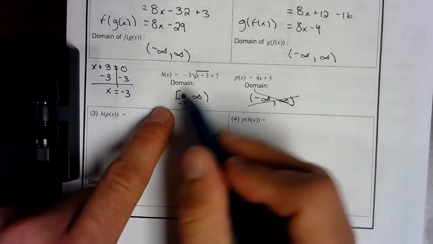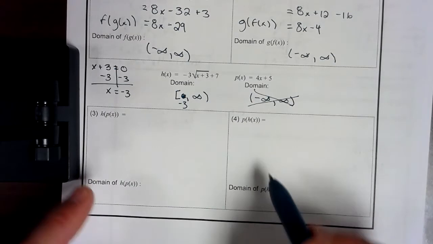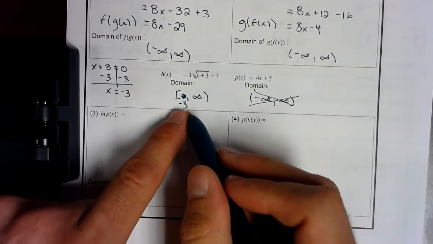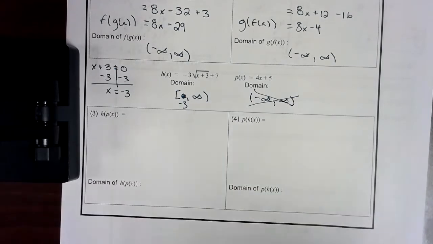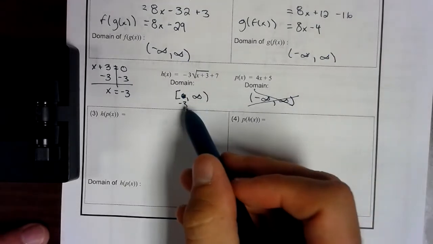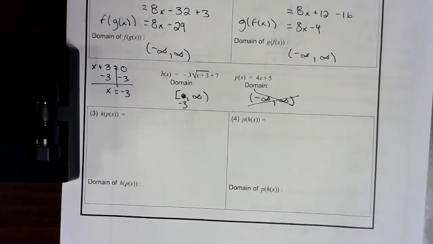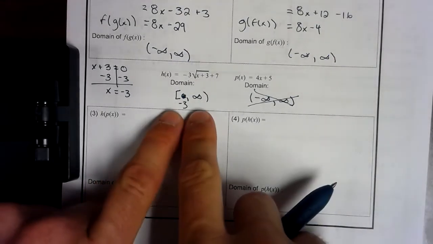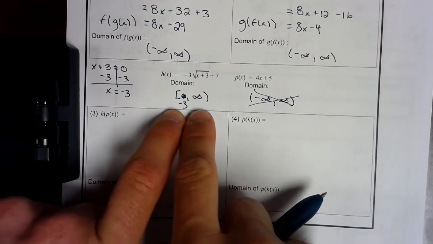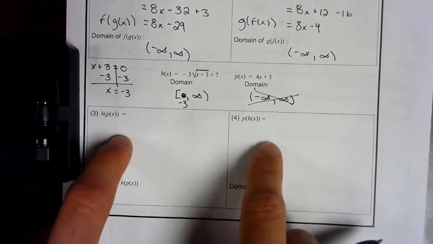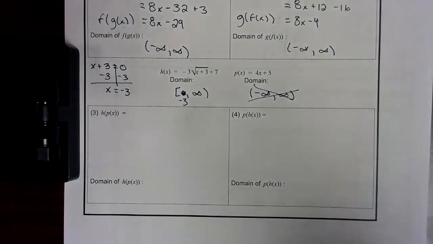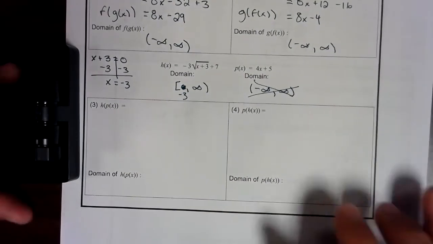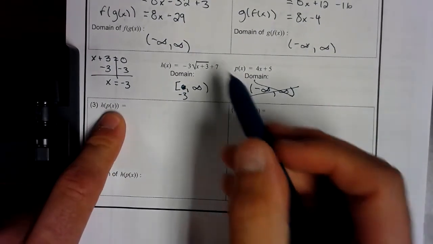We are restricted by what we have here. So for any new function, the smallest number that can work is negative 3. And there's a chance we might even have to eliminate more numbers with our new function. But at the very least, negative 3 is the smallest number that will work for both of these functions. All right. Let's jump in and find the composition h of p of x.